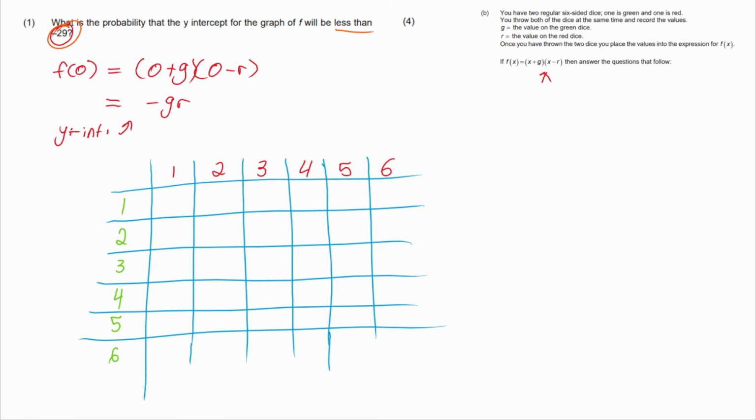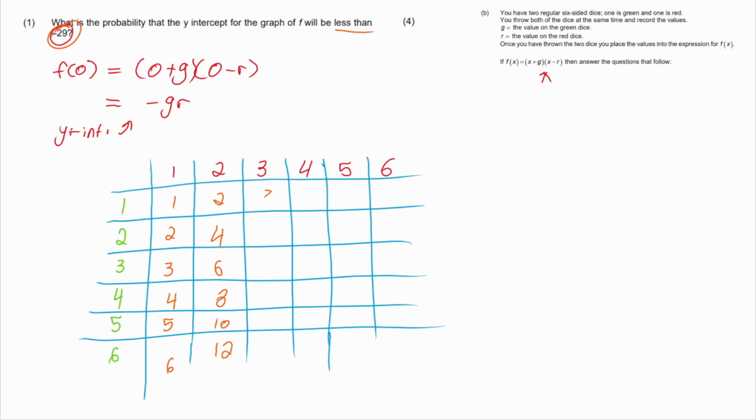Essentially I'm saying this value times this value will go here. So 1 times 1 is 1, and then 1 times 2 is 2, 1 times 3, so you can see what's happening here. Now I'm doing 2 times 1, that's 2, 2 times 2 is 4, 6, 8, 10, 12.